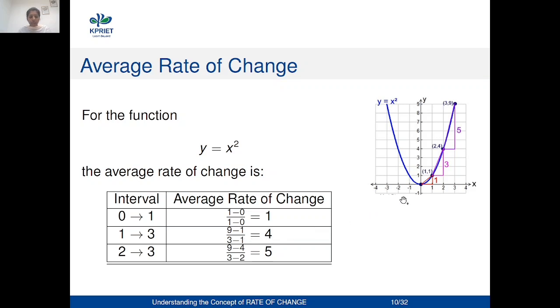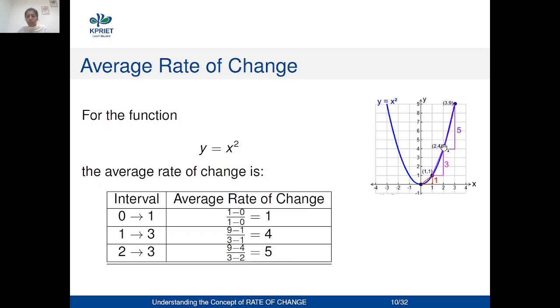Similarly, if I consider 2 to 3, we can observe that the distance I am moving in run is only 1 unit. While I consider the jump here, I have to consider 1 unit for 1 jump, since I have only 1 unit for 2 to 3. For the point 2 it is actually 4, and for the point 3 it is 9.